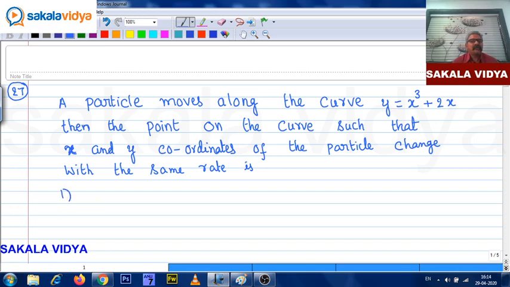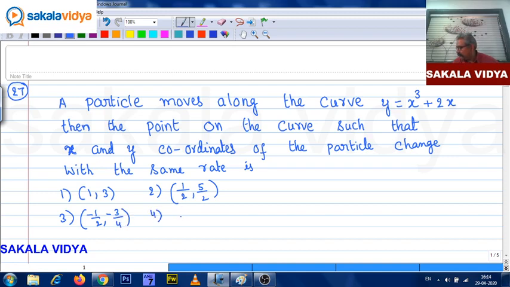First option 1, 3, second option 1 by 2, 5 by 2, third option is minus 1 by 2 and minus 3 by 4, fourth option minus 1, minus 1.